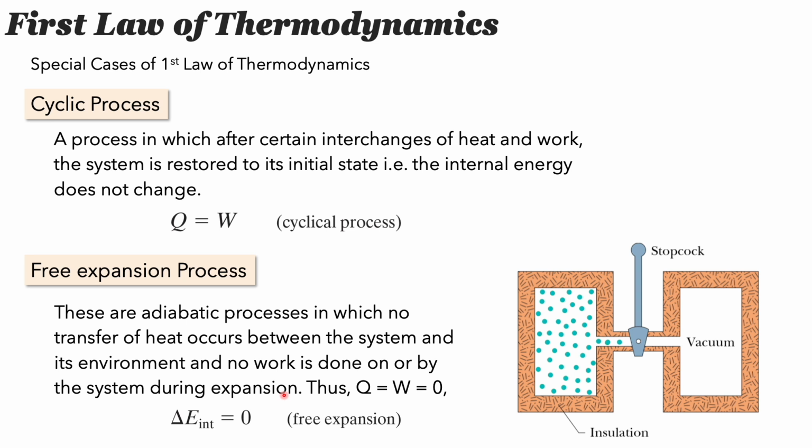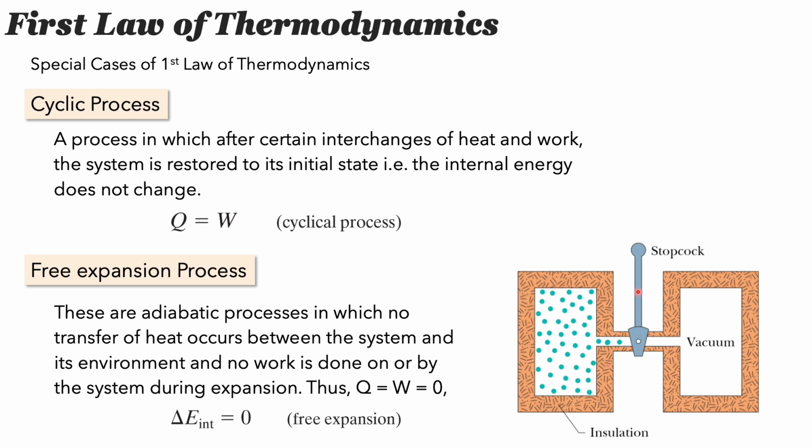Therefore, Q is equal to W, meaning no heat is transferred to the system or from the system, and no work is done on the system or by the system. So, both are equal to 0. Therefore, the change in internal energy will be equal to 0.